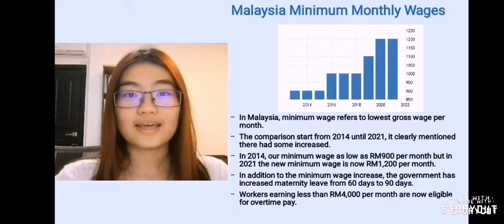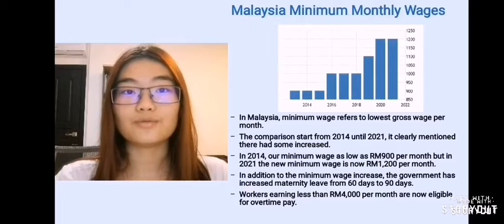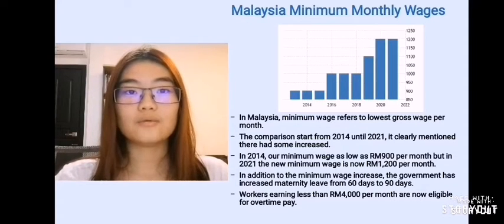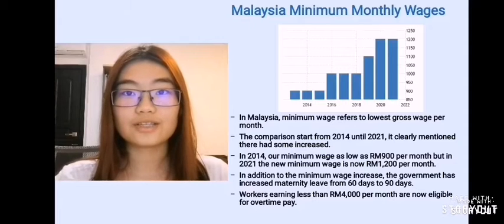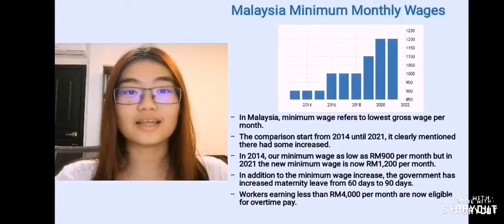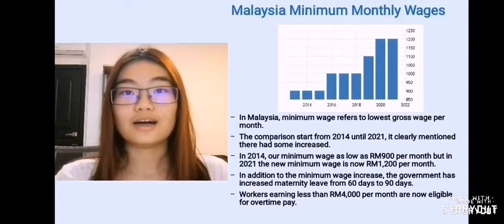Not only that, in addition to the minimum wage increase, the government has also increased the maternity leave from 16 days to 19 days. And workers earning less than 4,000 ringgit per month are now eligible for overtime pay.